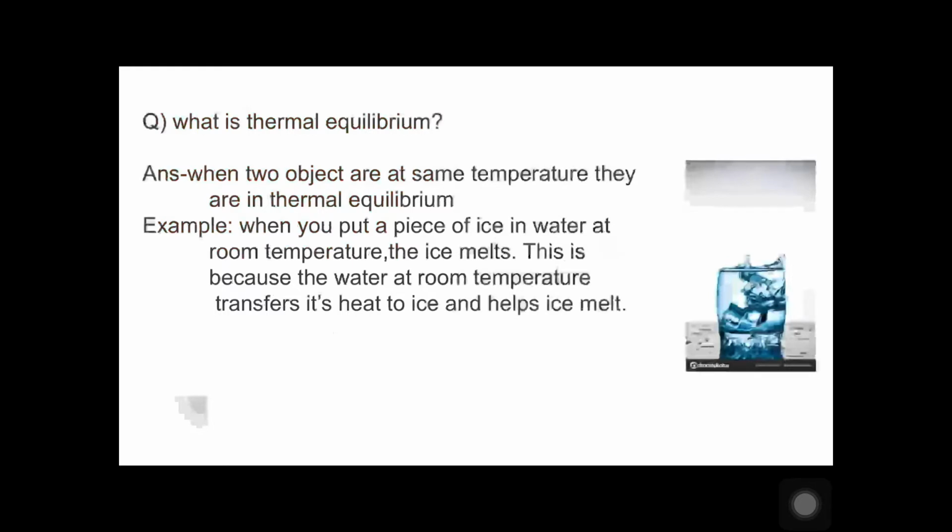In this case, we notice that the ice reaches a stage where there is no more transfer of heat. This no more transfer of heat is called thermal equilibrium. The concept of thermal equilibrium is very important while studying the zeroth law of thermodynamics. So again I am going to repeat: when two objects are at the same temperature, they are in thermal equilibrium.